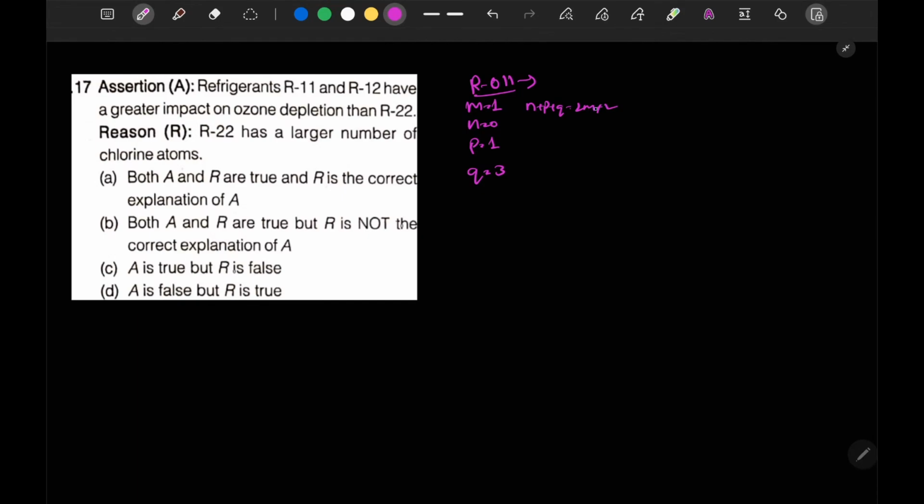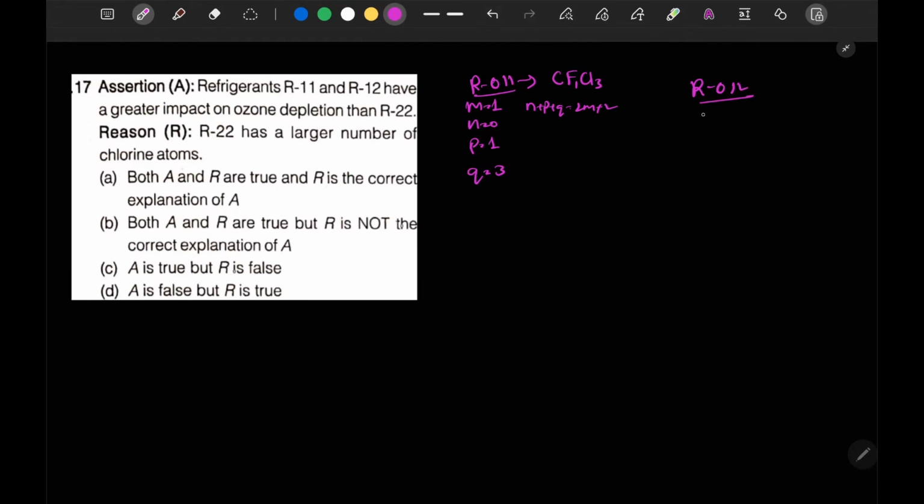So we can write the formula for R11 as CFCl3.